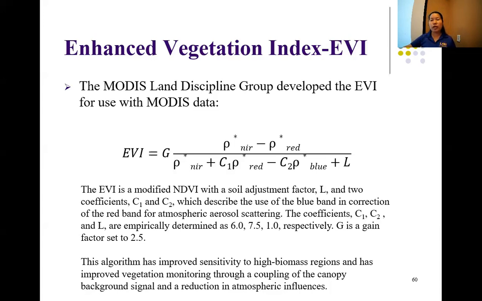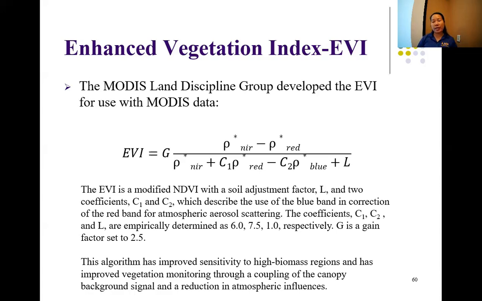Let's say, for example, one of the applications: if we use our drone data, we can calculate NDVI, and then we probably can use this method to calculate EVI, because when we acquire drone data in different seasons and at different times, we may end up having different atmospheric conditions.